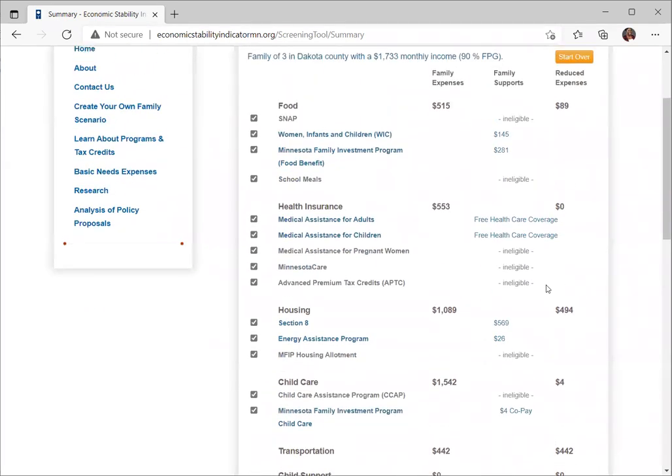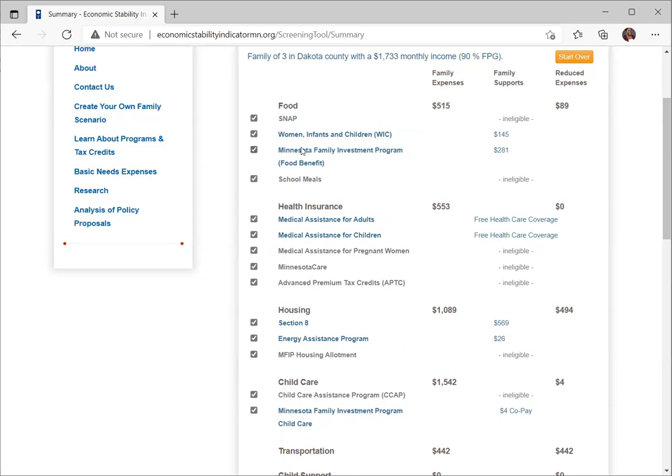We make several assumptions in ESI, and one of those assumptions is that if a family is eligible for a program, they're enrolled in the program. So here you see for each of these categories under family supports, you see the estimated amount of that family's benefit for each of these programs that they're eligible for.